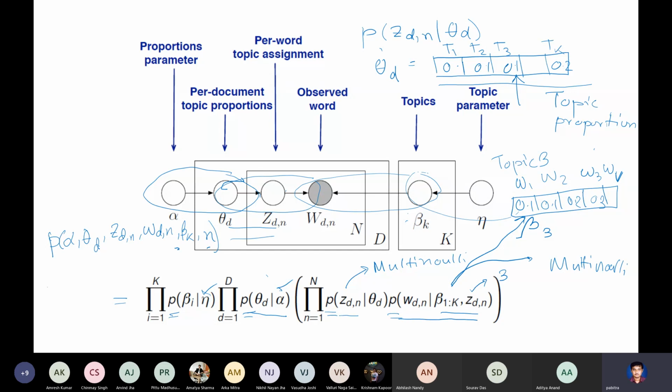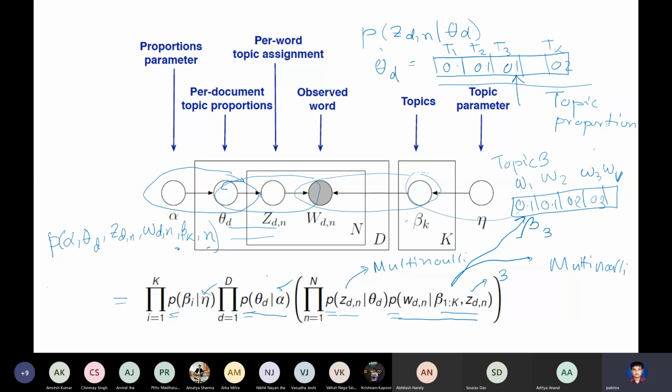And the most common distribution used for this purpose, just like Gaussian is used for most purposes and exponential distributions are used in many purposes, the most common distribution over multinomial distributions is something called a Dirichlet distribution. We'll explain it in detail soon.